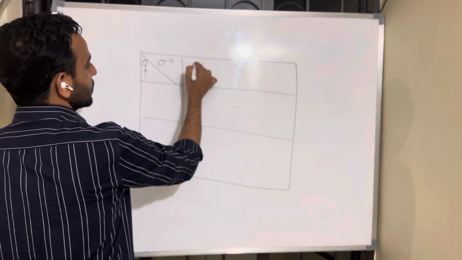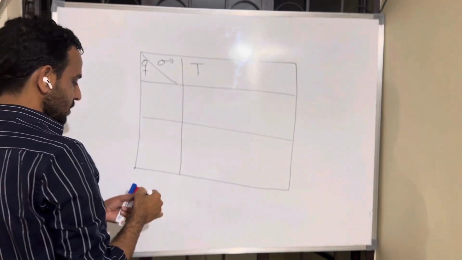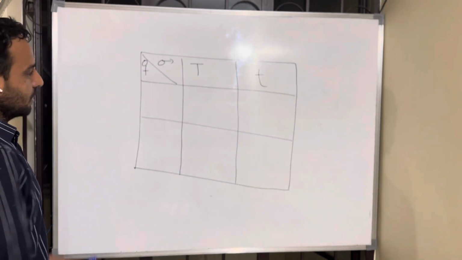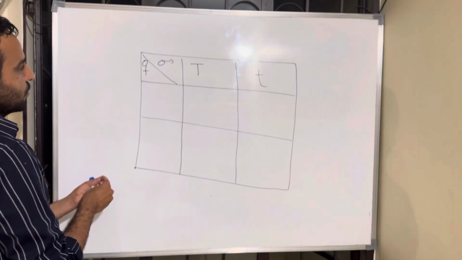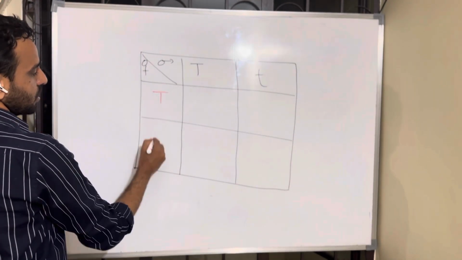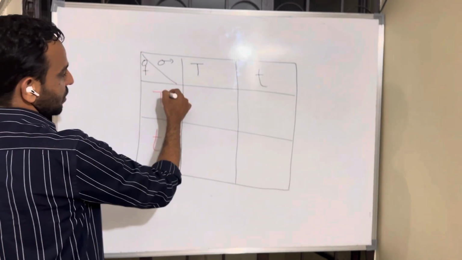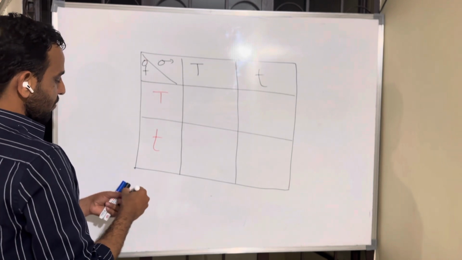So here, one male gamete is capital T, another male gamete is small t. Similarly here, one female gamete is capital T, another one small t. So this male gamete can fuse with this female gamete.